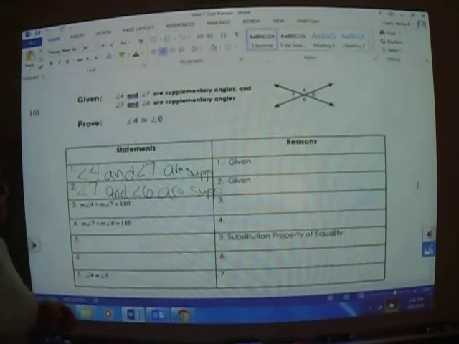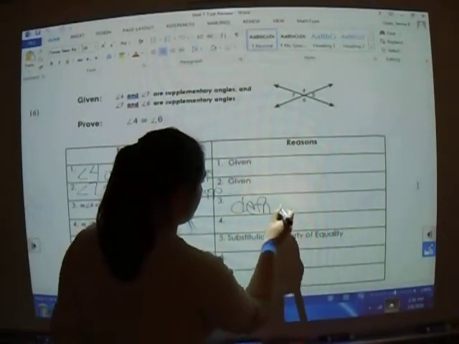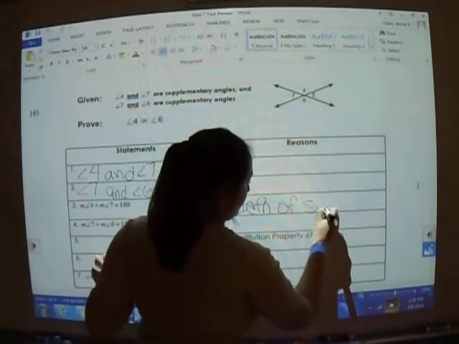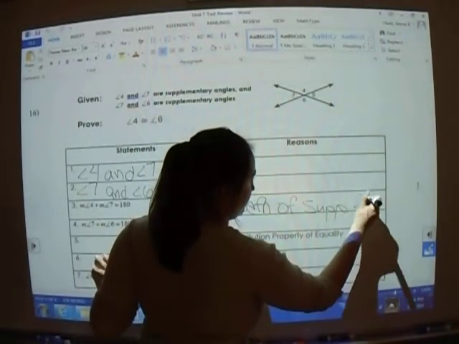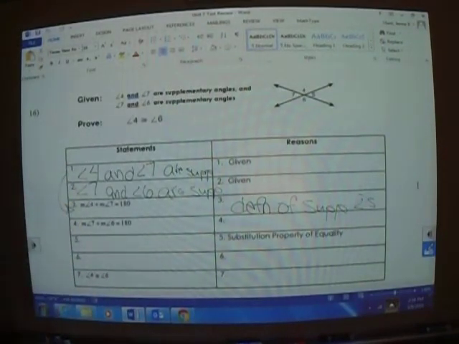Alright, so now we have the measure of angle 4 plus the measure of angle 7 equals 180. Well, that's the definition of supplementary angles, because we are just changing the format of this to this. Right? They're the same thing.